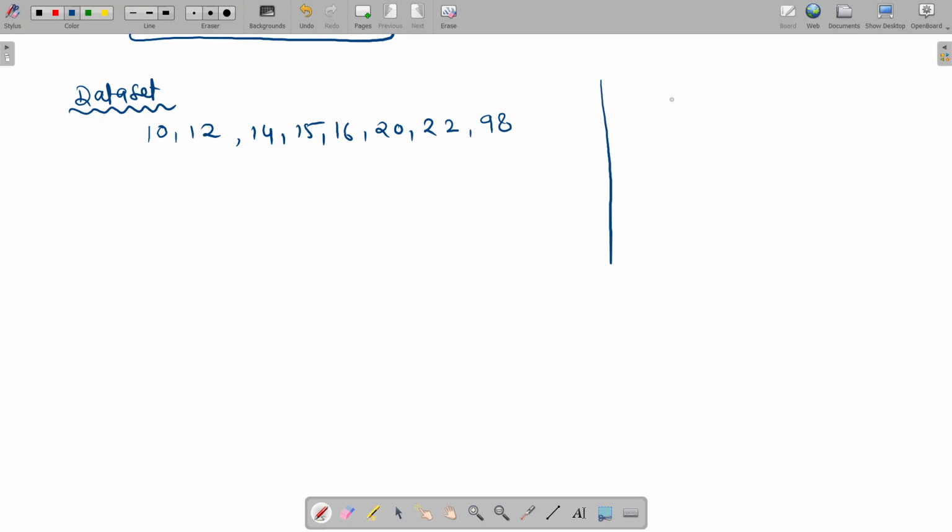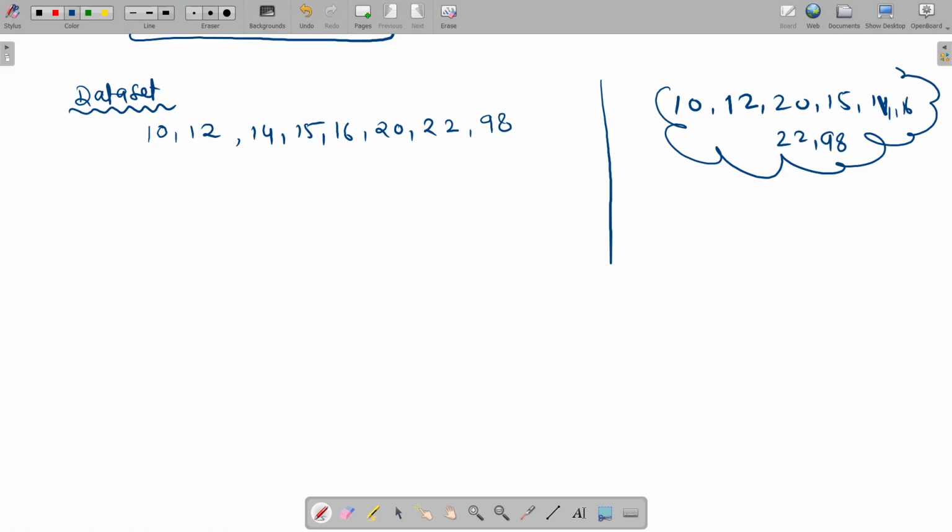Suppose you have a data set like this: 10, 12, 20, 15, 14, 16, 22 and 98. This data set is not arranged in ascending order.